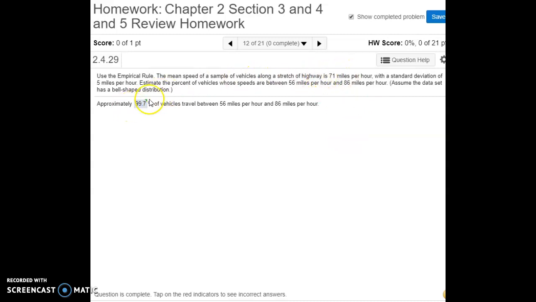And in this case, those were the marks for 3 standard deviations above and below, 56 and 86. And so from the empirical rule, we know that 99.7% of the data lies between those values, or in terms of the problem, 99.7% of vehicles travel between those speeds.